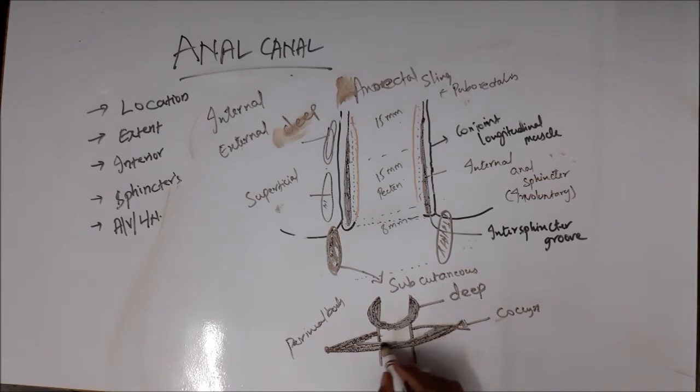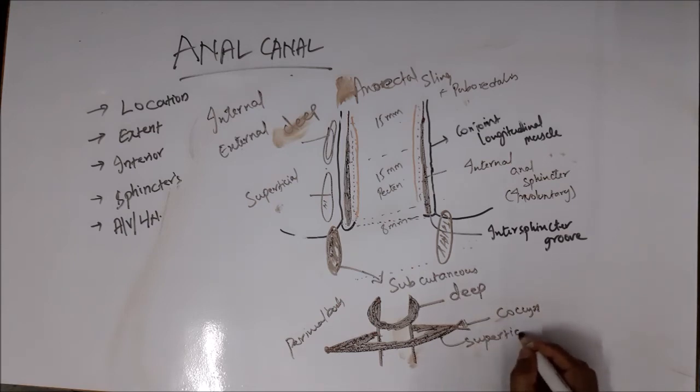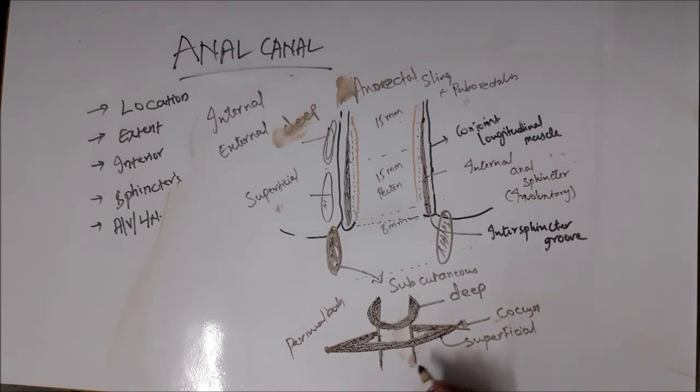So this is the superficial part of the external anal sphincter. So how is the shape of the superficial part? It's elliptical.